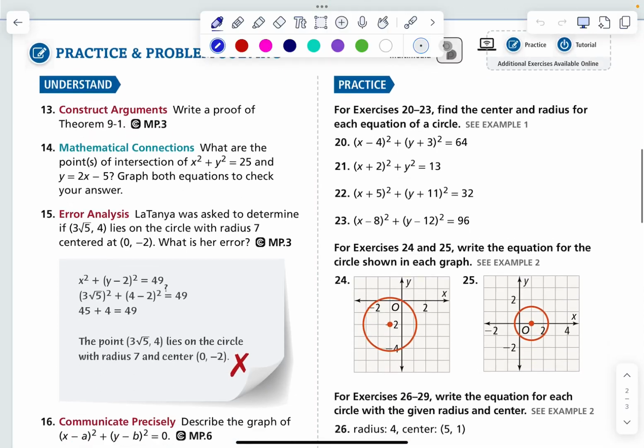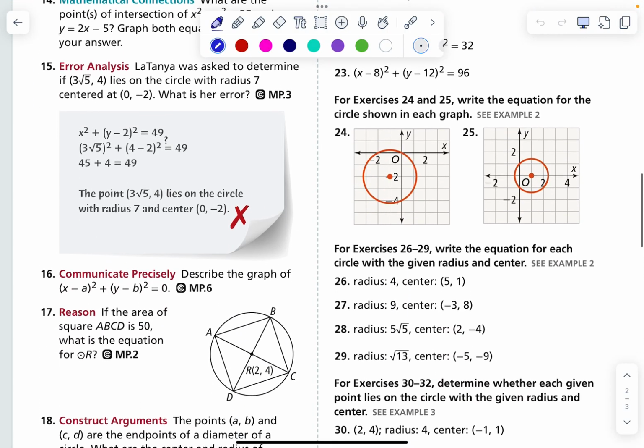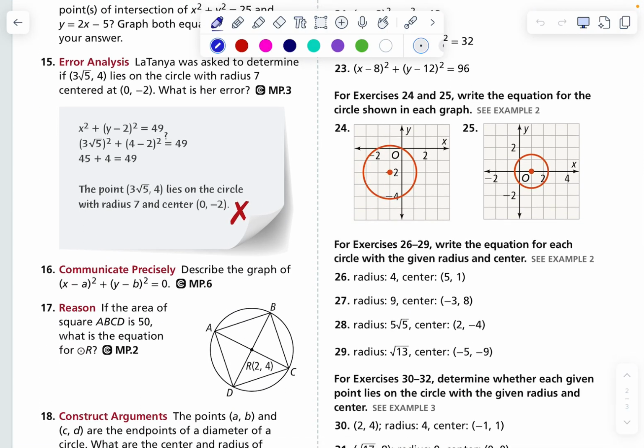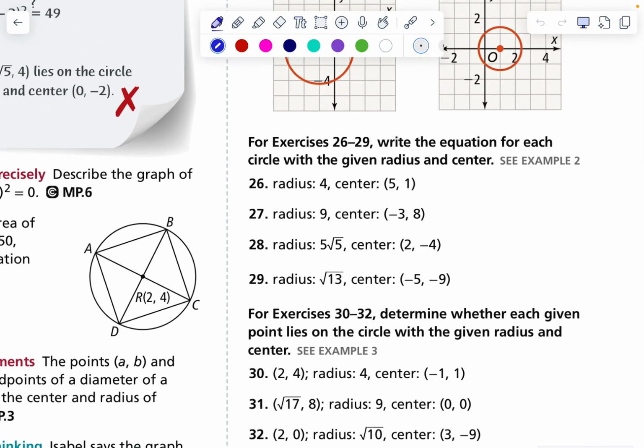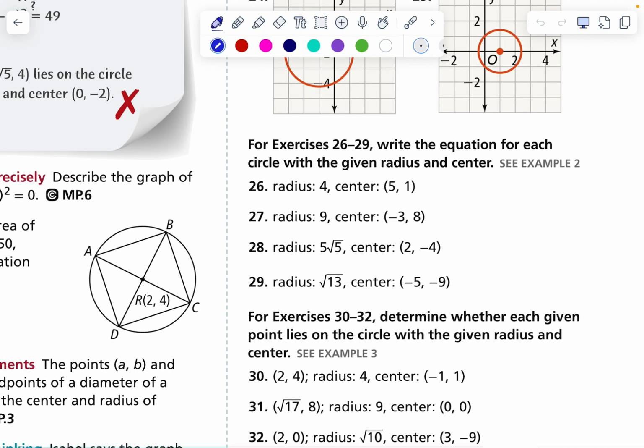Okay, any of those that you want to do? Or did they go well? 28. 28, okay. Let's see if I can do it on this screen. If not, we'll move it.